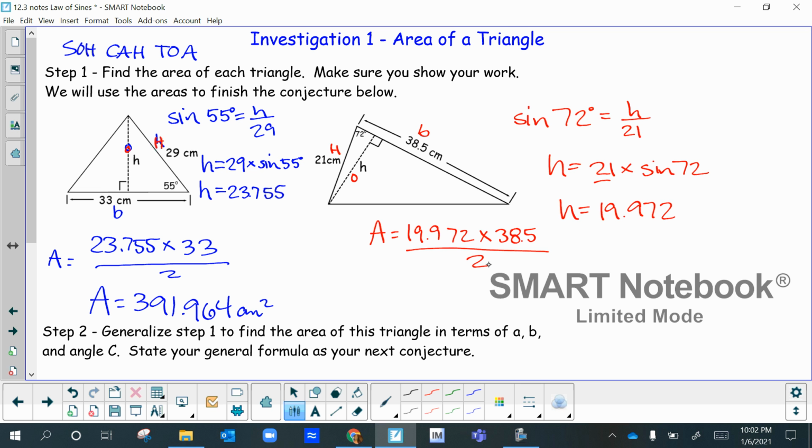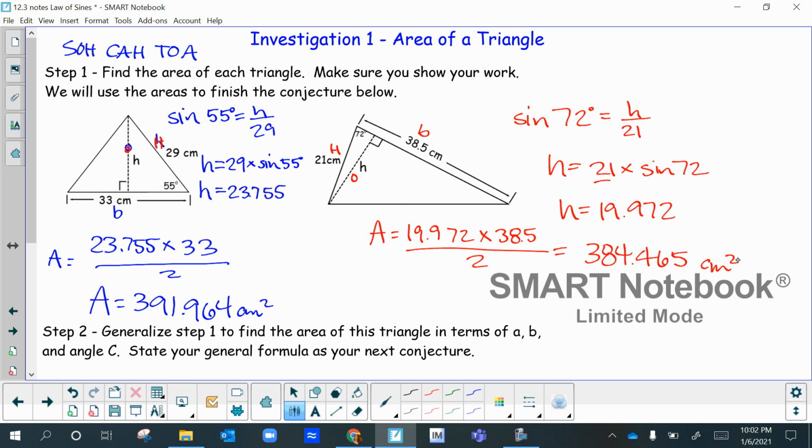I have that number in my calculator still, so I'm just going to hit times 38.5 equals, divided by 2, and then the area of this is going to equal about 384.465, and this is in centimeters squared again.